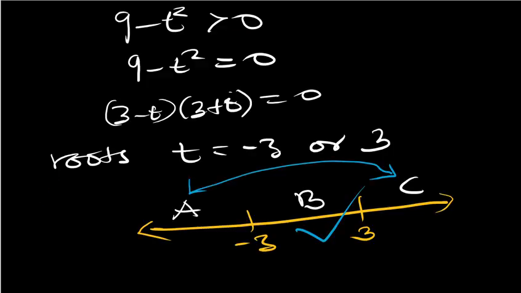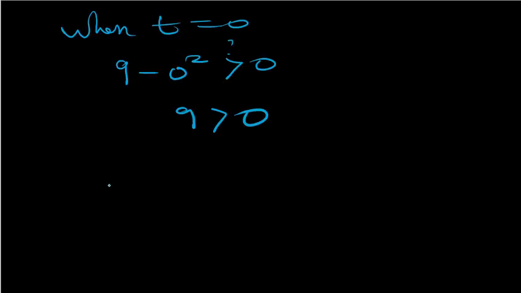So let's pick a possible number that can be in region A. Region A, we can have a possible number such as negative 4, because region A are all numbers less than negative 3. So let's just pick a simple number such as negative 4. So we have 9 minus negative 4 squared.